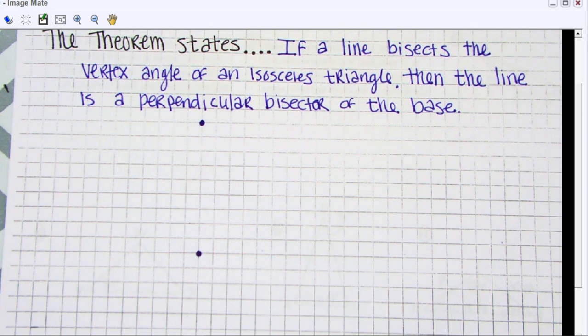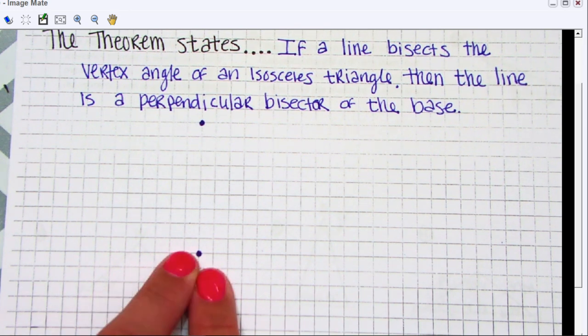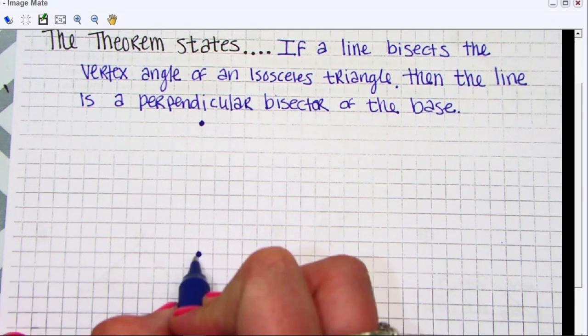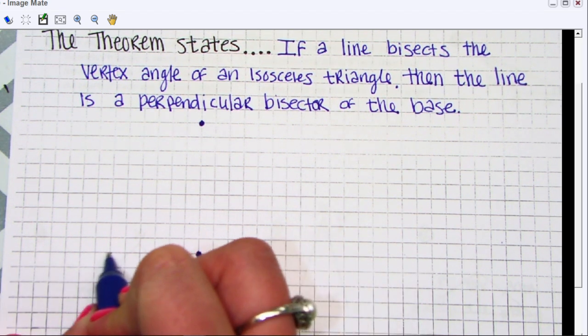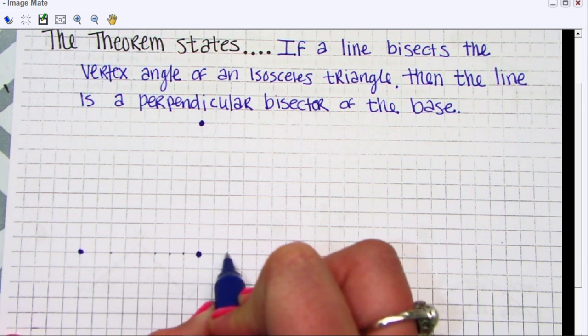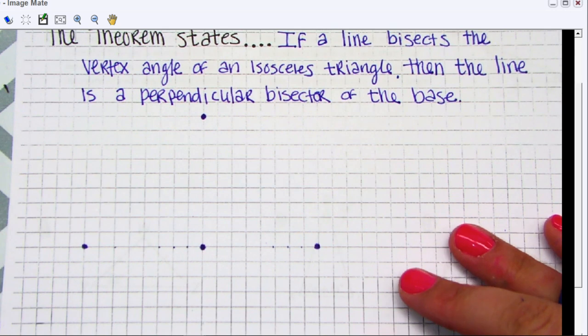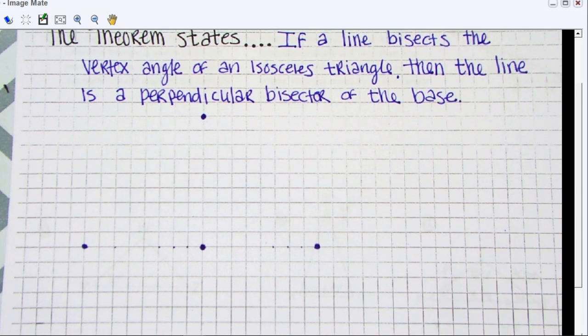Now, from the dot here, I want you to count 8 left and 8 right. Okay. So we counted 10 boxes down, and then from that point down at the bottom, we counted 8 to the left and 8 to the right.